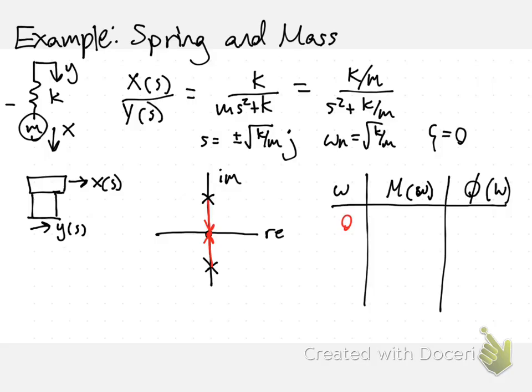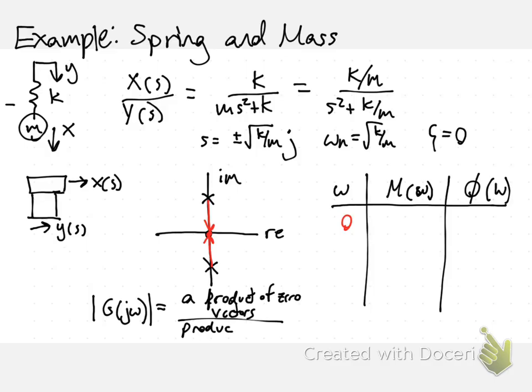In this case, that's just going to be that point at the axis. Now, the magnitude of G(j omega), because we know we're doing a frequency analysis, is going to be equal to A times the product of the zero vectors over the product of the pole vectors.